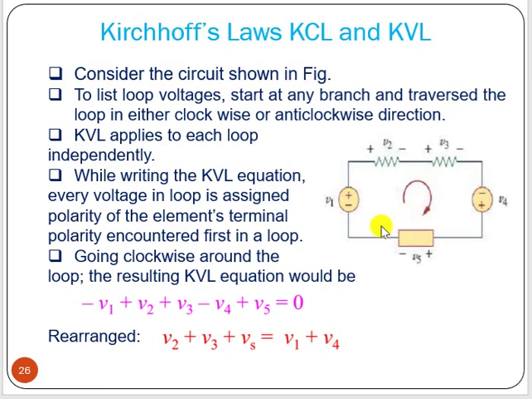If we move clockwise, we encounter minus first, so minus V1. Going clockwise, we encounter plus V2, then plus V3, then minus V4, then again plus V5. That is equal to 0.